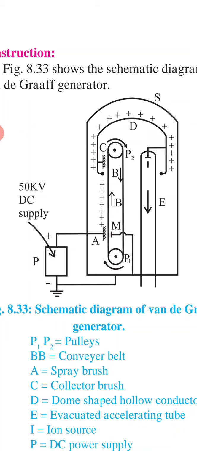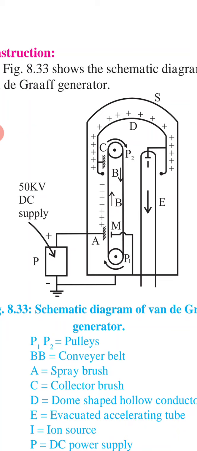E is an evacuated accelerating tube having an electrode I at its upper end connected to the dome shaped conductor. Now, to prevent the leakage of charge from the dome, the pulley and belt arrangement, the dome and a part of the evacuated tube are enclosed inside a large steel vessel S, filled with nitrogen at high pressure.